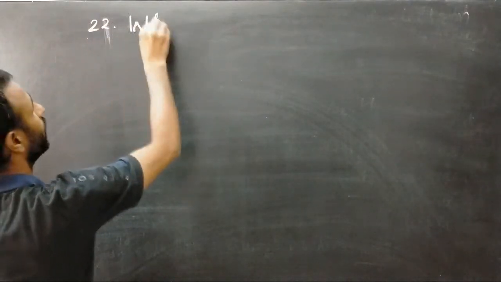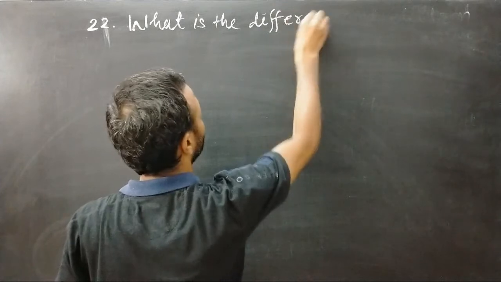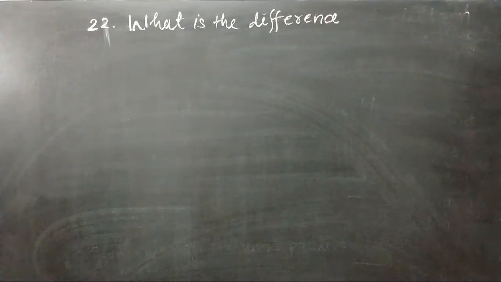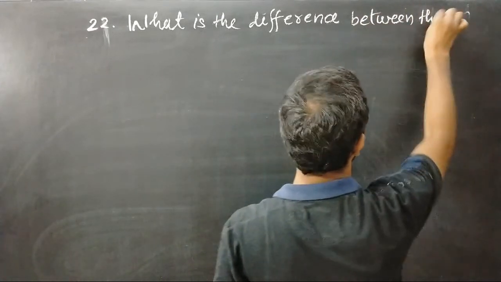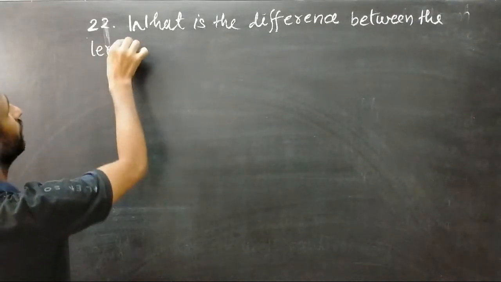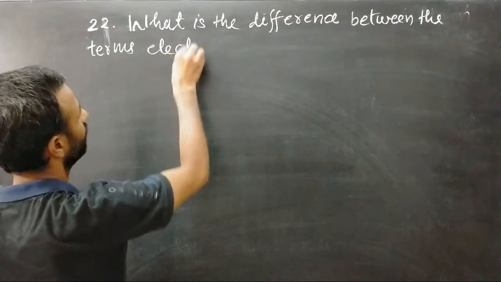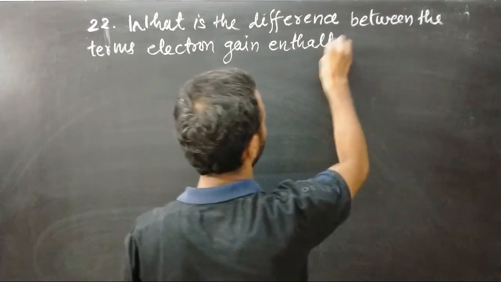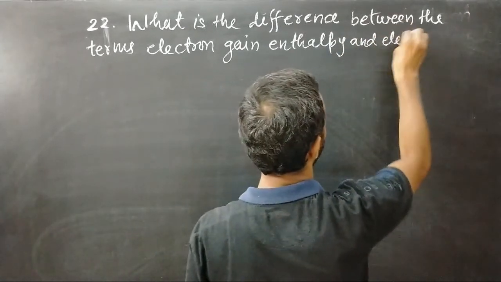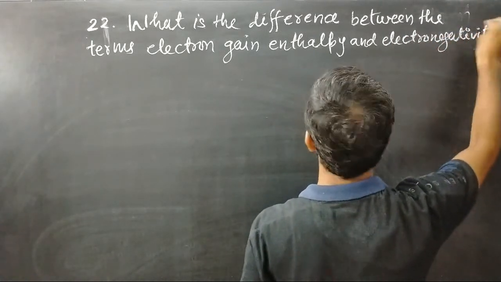So question number 22. What is the difference between the terms electron gain enthalpy and electronegativity?